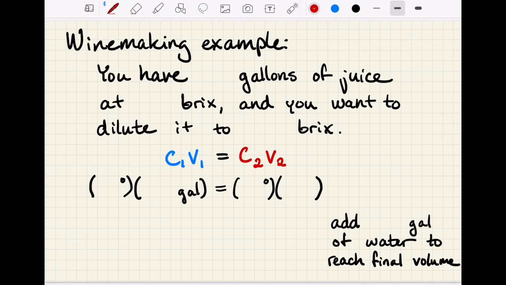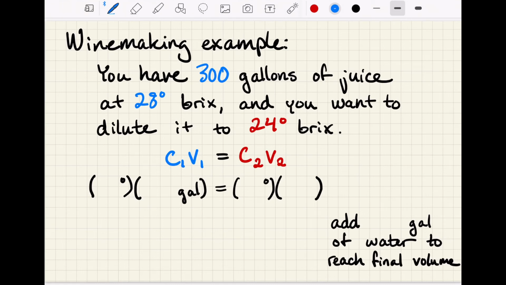So let's take a look at a winemaking example. In this case, let's imagine that you have 300 gallons of juice, and that is at 28 degrees Brix. But that's a little high. You don't want it quite that high, so you want to dilute it down to 24 degrees Brix. Okay, so let's plug those into our equation here.